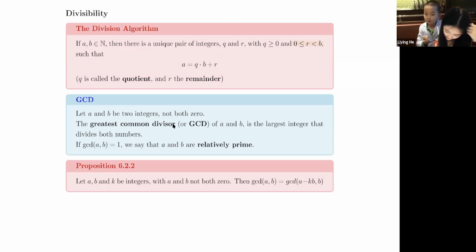Just gonna underline it as well. The rest is just, I think you guys know already.